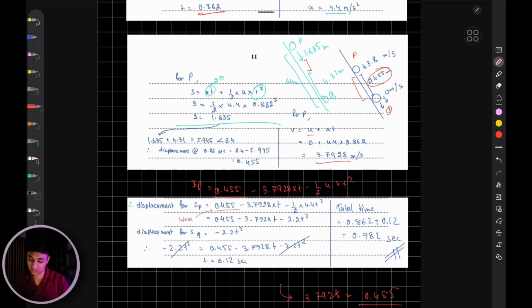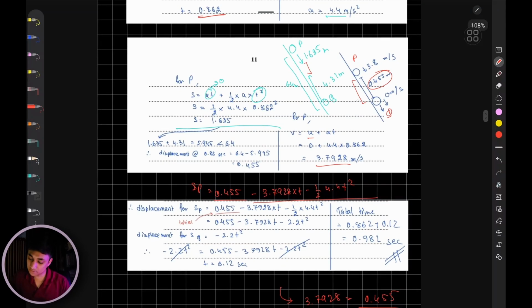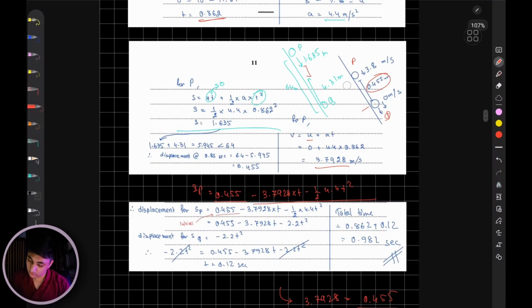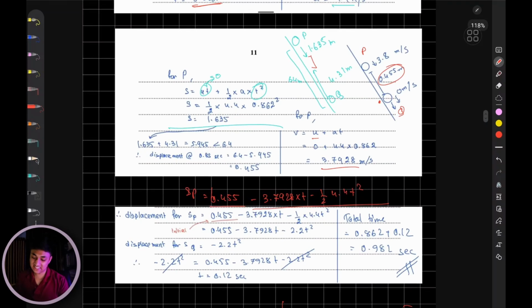And I am asking the equation: after how long will this displacement turn out to be 0? That is, with respect to this point, how long will it take for this displacement to shrink down to 0?